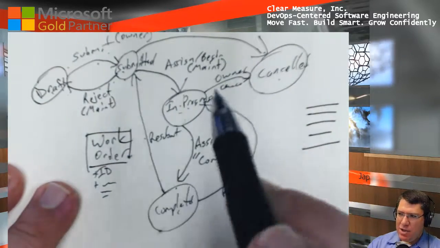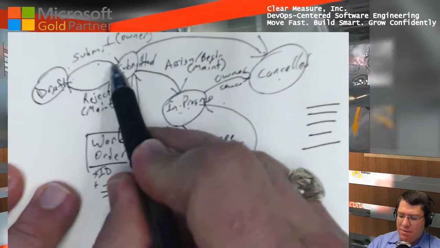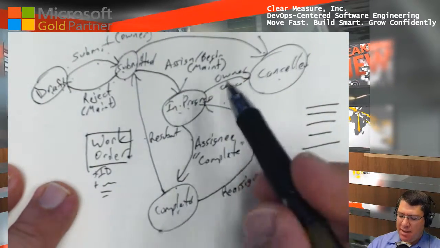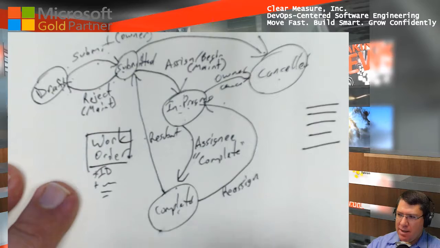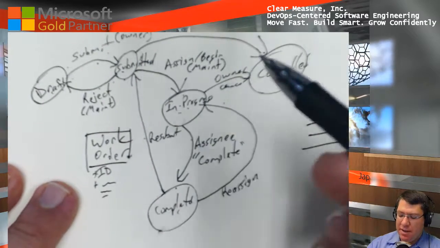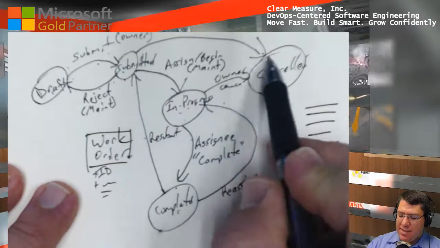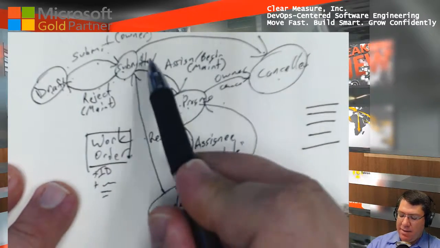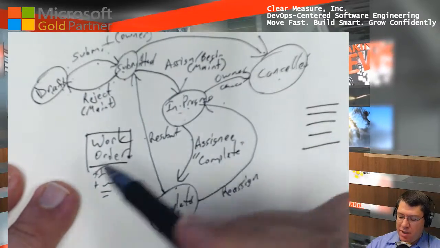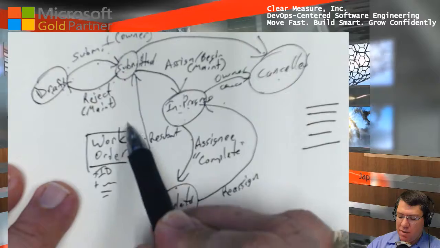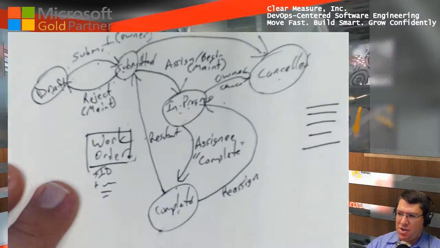But the pattern in your code: make every one of these arrows a class, put them all in a collection, and use a chain of responsibility or some type of loop and filtering so that every one of these classes has an is valid method. And when enumerating through them, you ask, for this particular work order, which state transitions are valid?